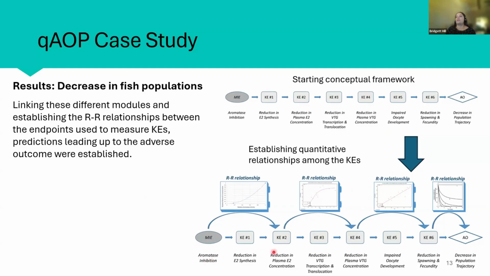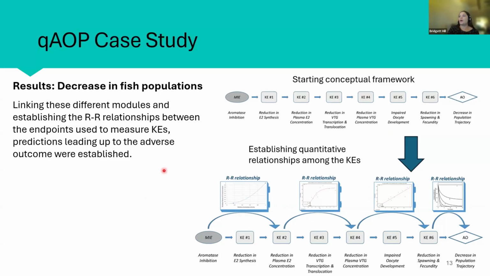This is a non-adjacent key event relationship. They weren't able to collect enough data to have adjacent key events, but this can show you where the data gaps are along this AOP and where future work is needed.